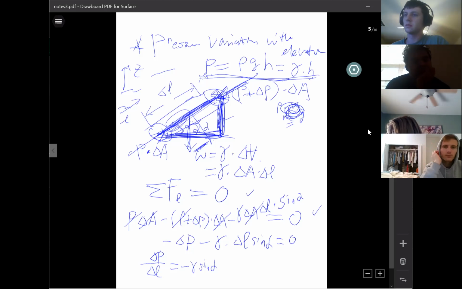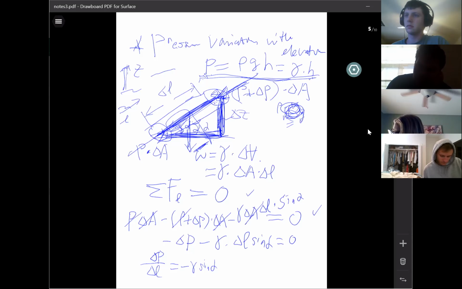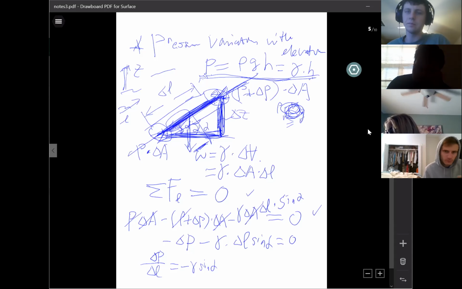Vertical is the z direction, so the height of this triangle is delta z. So what is the longer side in this triangle? It's delta L.